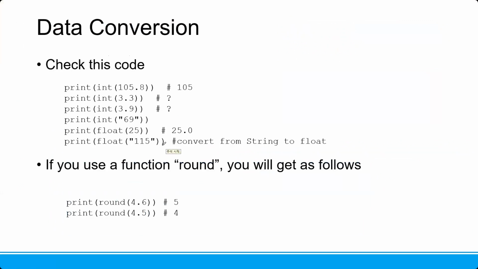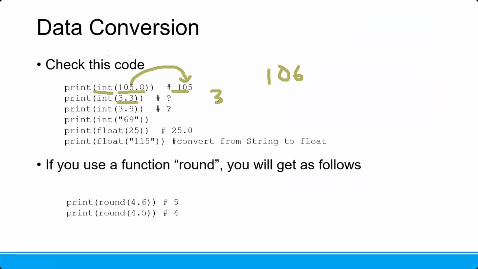There are some things that you need to understand. If I print integer 105.8, the result is 105, not 106. So it is the integer part, not a rounded number. Integer 3.3, what's the result?